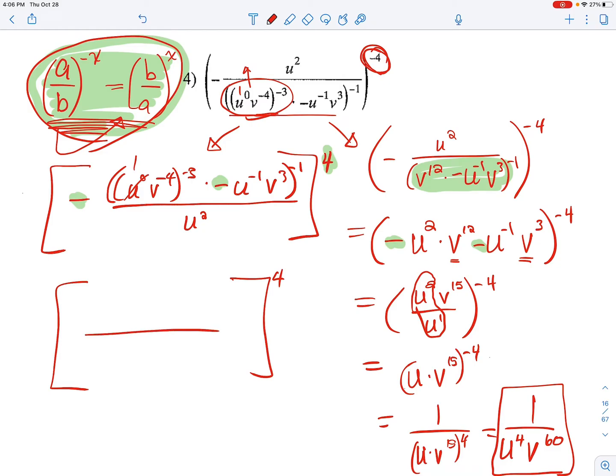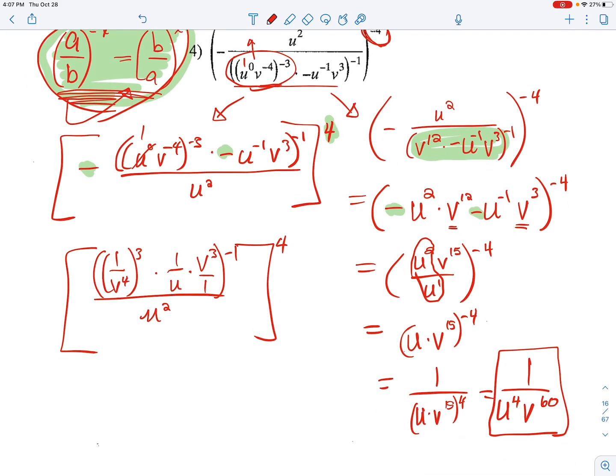So that's 1 over v to the fourth to the third power. And then u to the negative first is 1 over u. I'm still multiplying by v cubed. I'll put that v cubed over 1. And that is all to the negative first and still over u squared. That seem okay, I think.